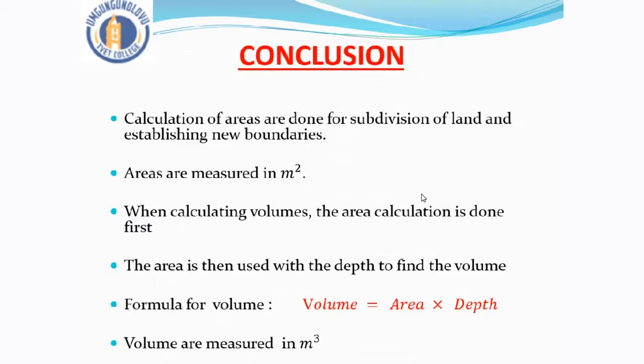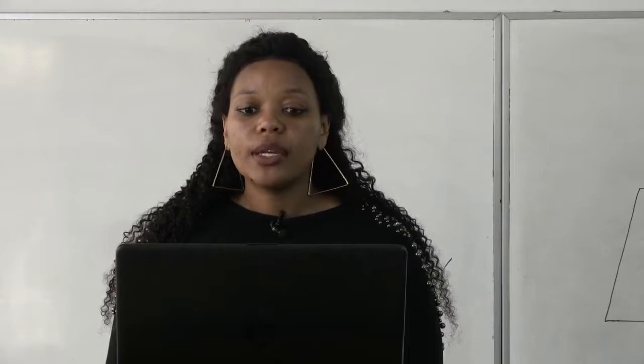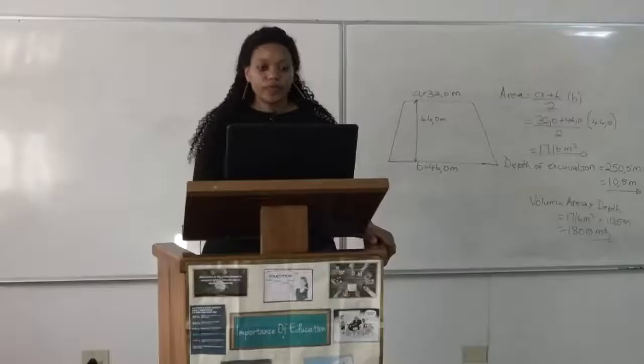The formula for volume is equal to area times depth, and volumes are measured in cubic meters. That was all for today, but let us quickly go for a recap so that I can emphasize the most important points on this section.